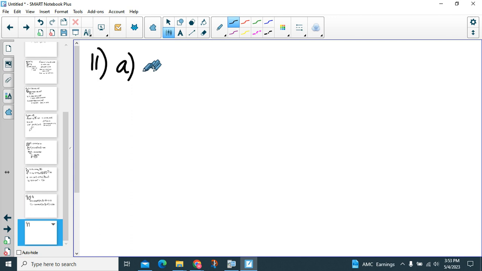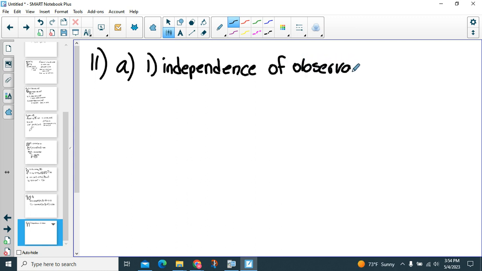All right, there are 3 assumptions that must be made. One of them is independence of observations. So one of his tee shots didn't have anything to do with the other, which is a logical assumption to make.